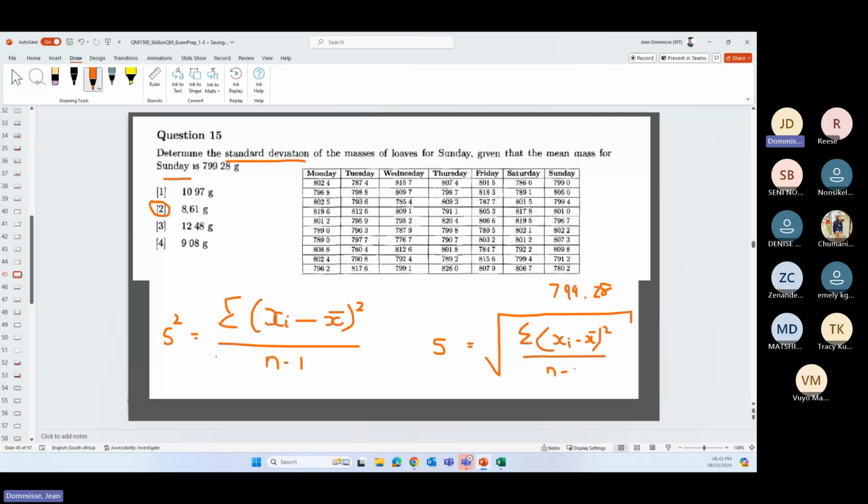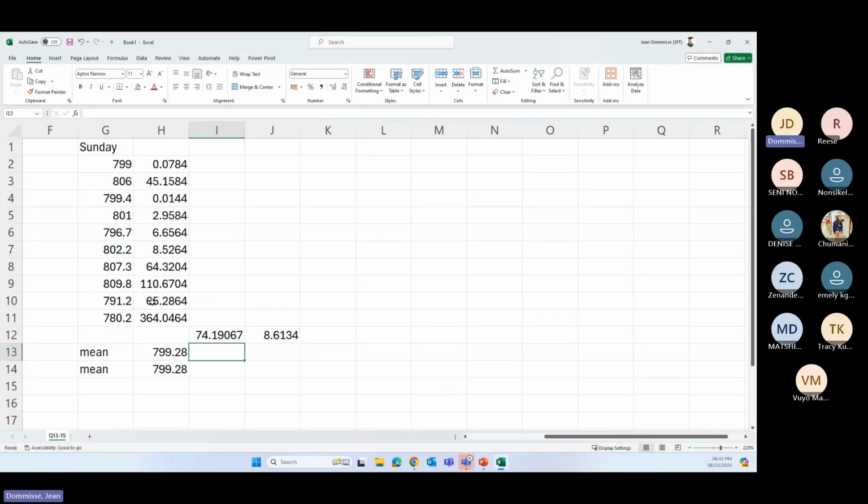So if it is in Excel, that is the long way how we got to it. So that would have been the variance, our standard deviation.